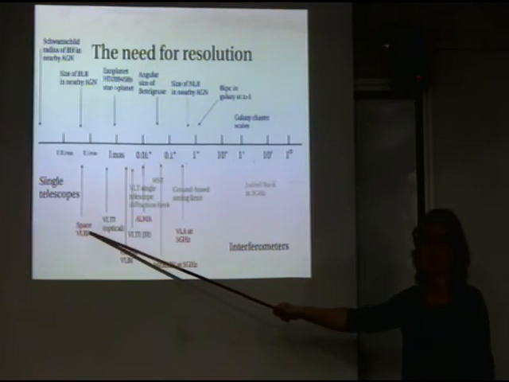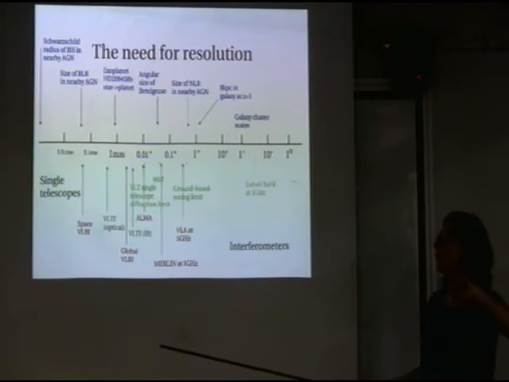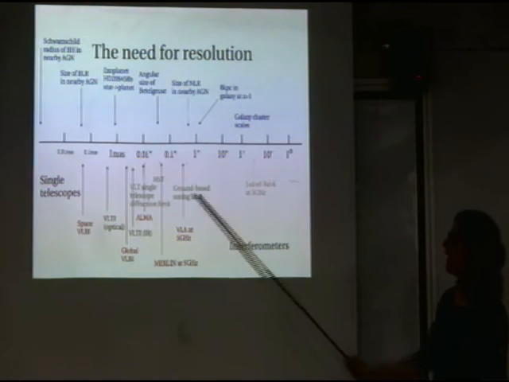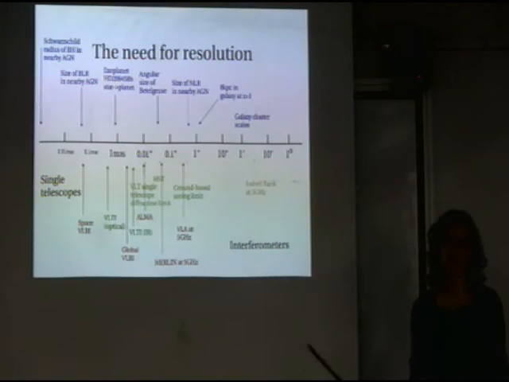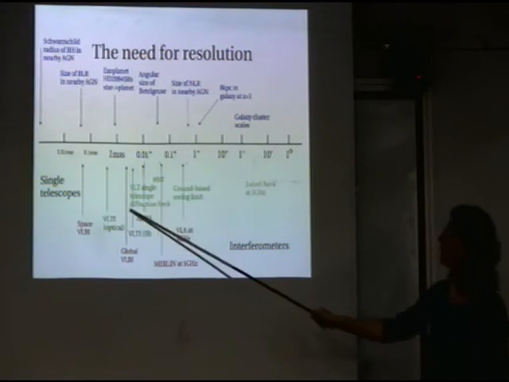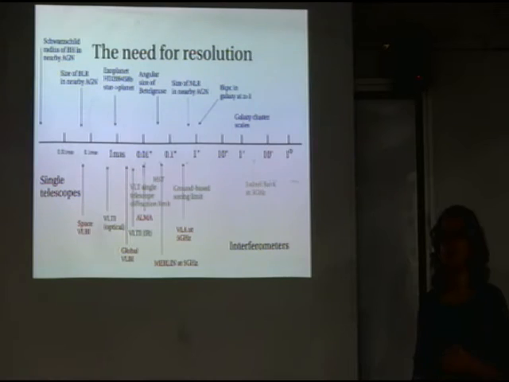And this would be a space VLBI, also using satellites. And of course, the interferometer technique is also being applied in the optical wavelengths, where they also try to use interferometry to break the resolution limit.